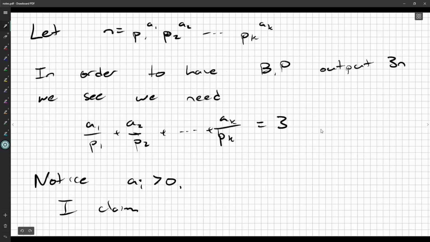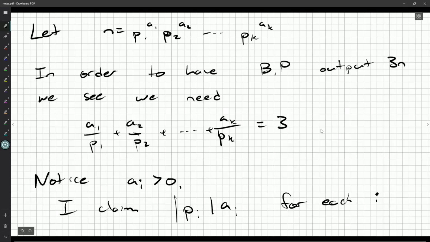I'm going to claim pi divides ai. That's what I claim for each i, for each of these possible numbers. So I claim that p1 divides a1, p2 divides a2, and so on. This is just a nice sort of short way to write that out. Okay, so I'm going to prove that.